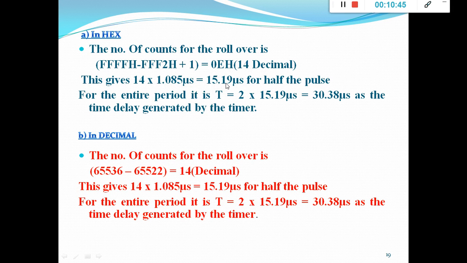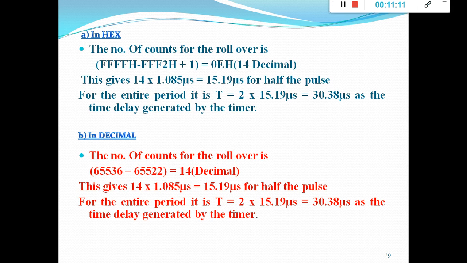So you are going to get the result as 15.19 microsecond for half the pulse. Whatever delay you calculated is only for half, whether it is the high or the low pulse. So to calculate the entire cycle, multiply by 2 to get the entire period. So the period T is equal to 2 times this half cycle period. You are going to get 30.38 microsecond.